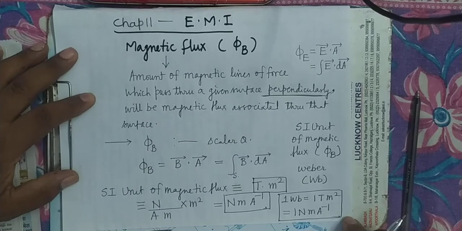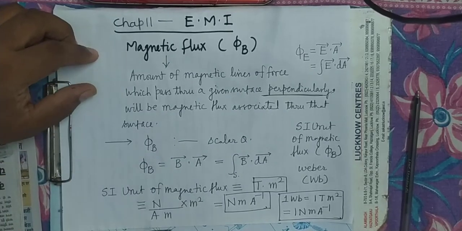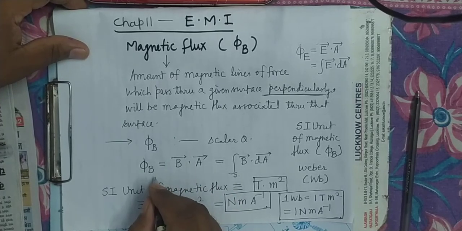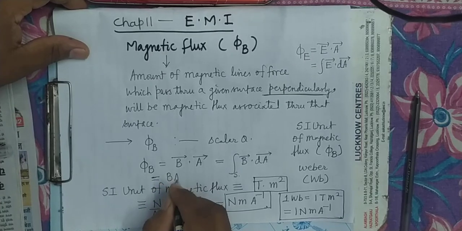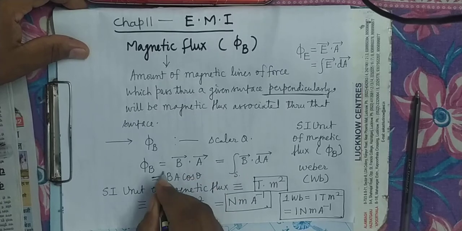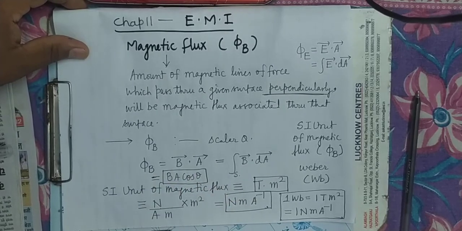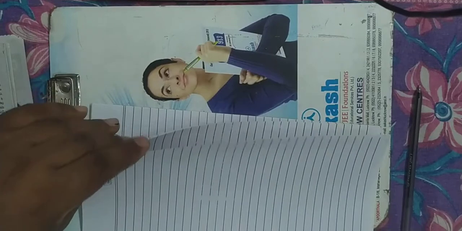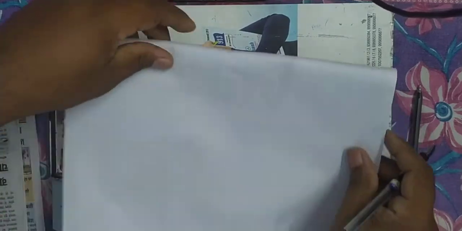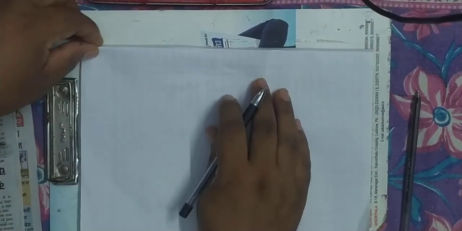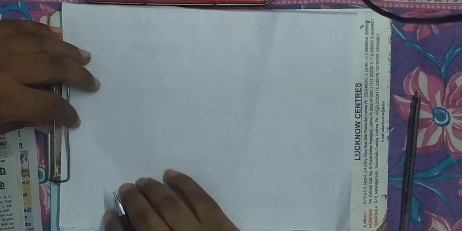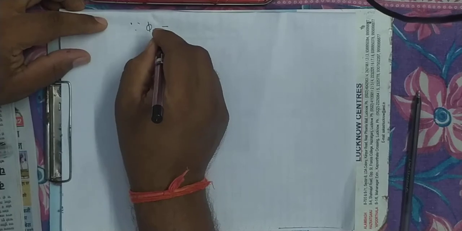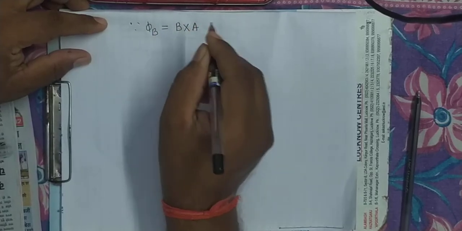Now see here. If you deduce the formula, phi B will be equal to vector B dot vector A, which we can also write as BA cos theta, where theta is the angle between vector B and vector A. As you know, the product of B and A, magnetic field and area, is equal to magnetic flux, since phi B is equal to B into A. So what is B?